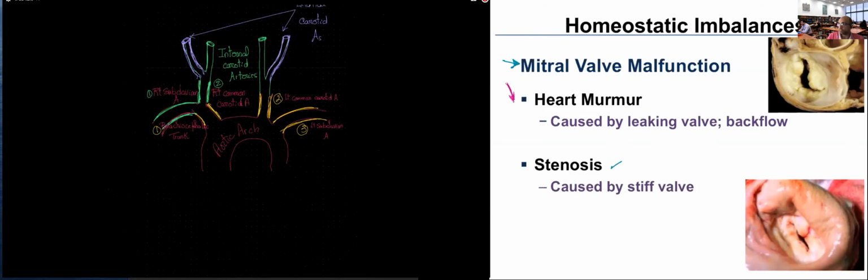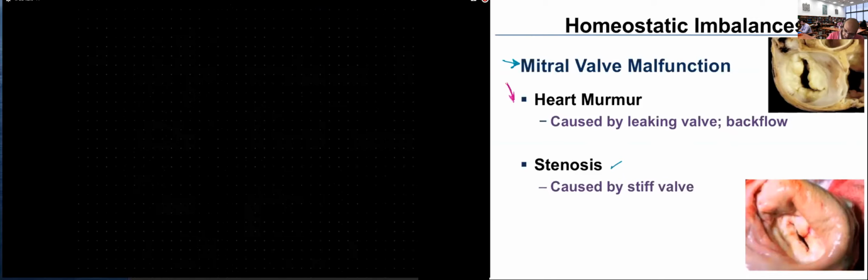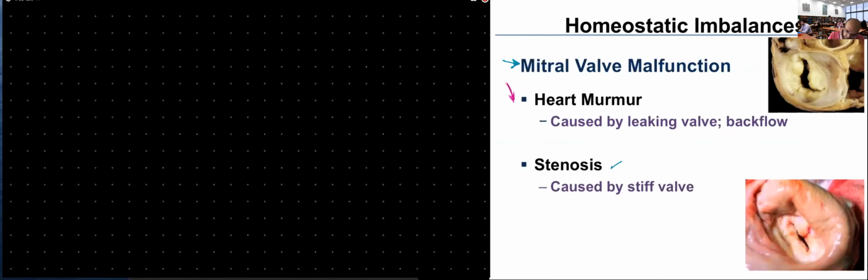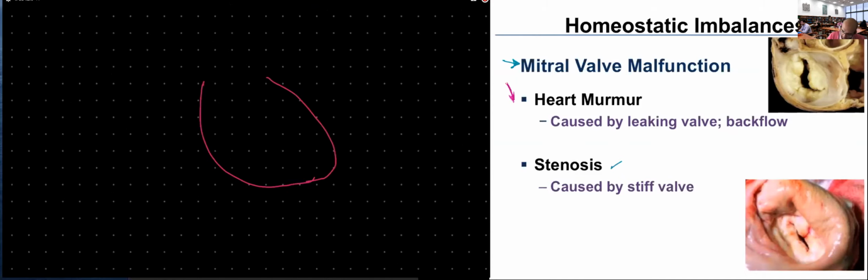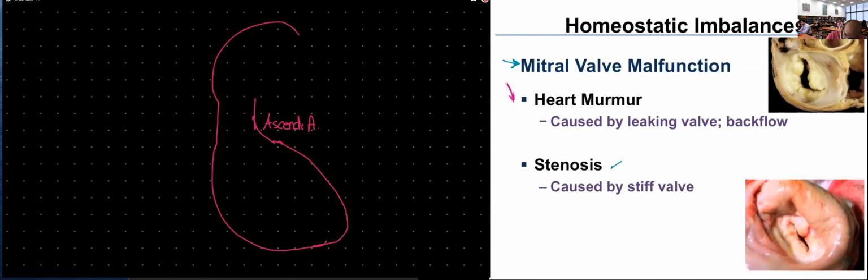All right, so again, this is going to be my left ventricle. This is the proximal part of my aorta, the ascending aorta. Then I have my aortic arch.